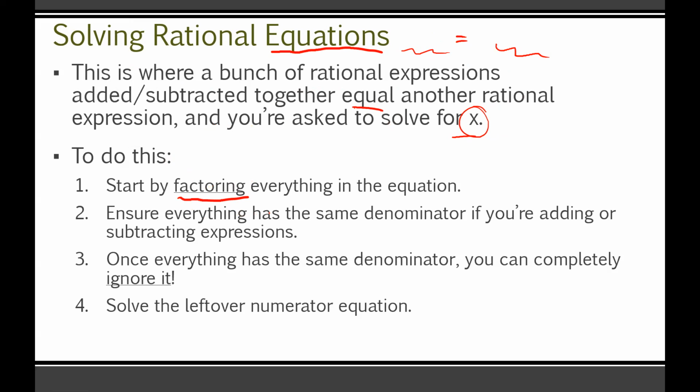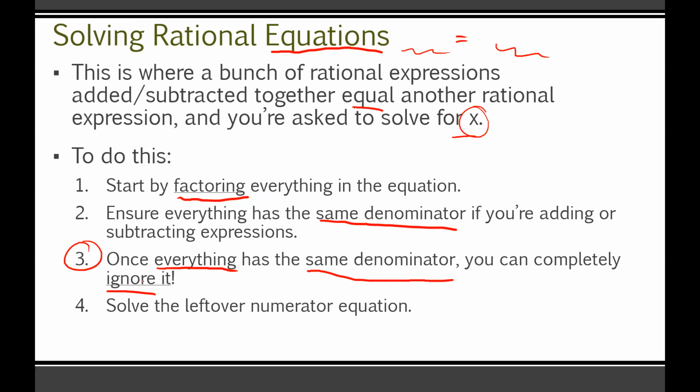Then step 2, ensure everything has the same denominator if you're adding or subtracting expressions, right? So just make sure basically everything has the same denominator. Now that's really important because then in step 3, this is my favorite step, once everything has the same denominator, like on both sides of the equation, you can completely ignore it.